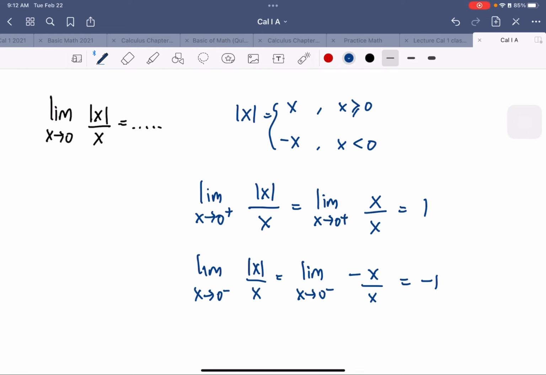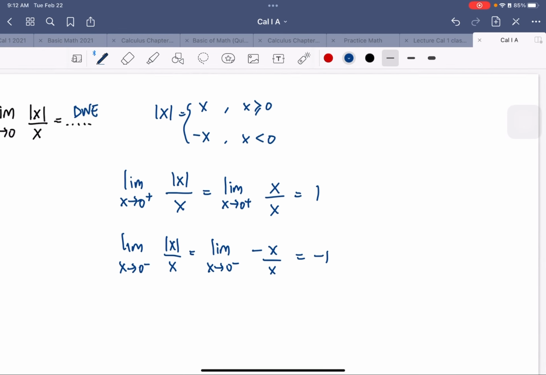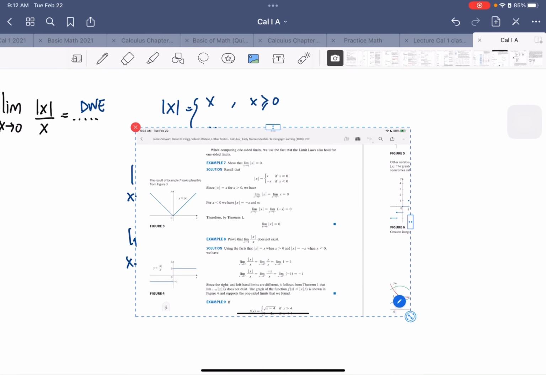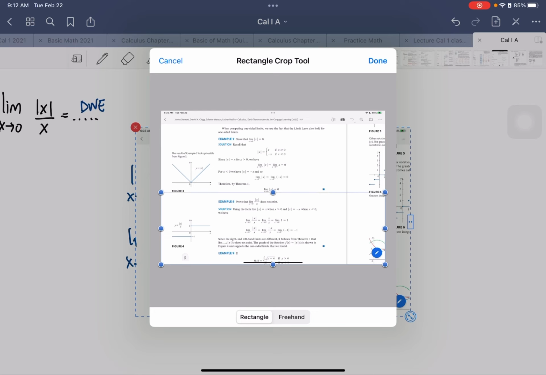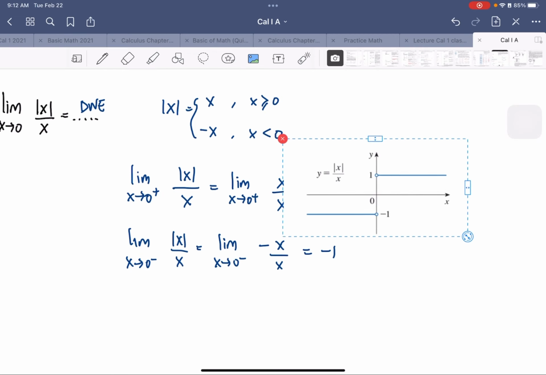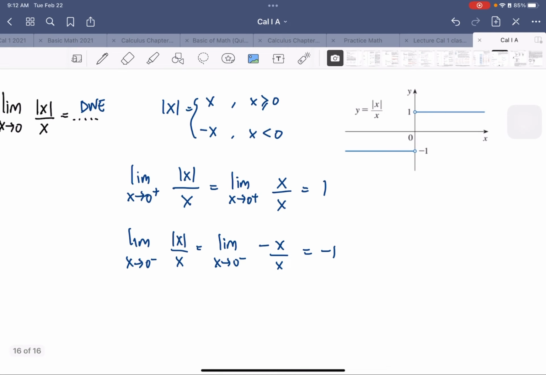And since they are different, the limit doesn't exist. And when we try to draw it, this is the visual, the graph.